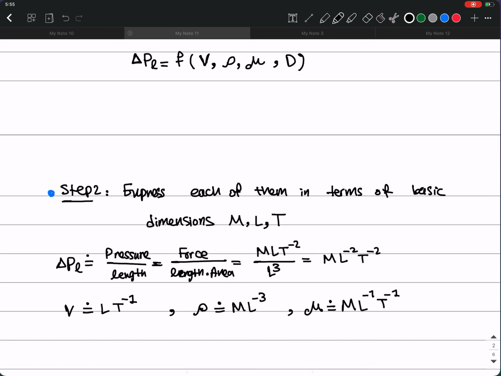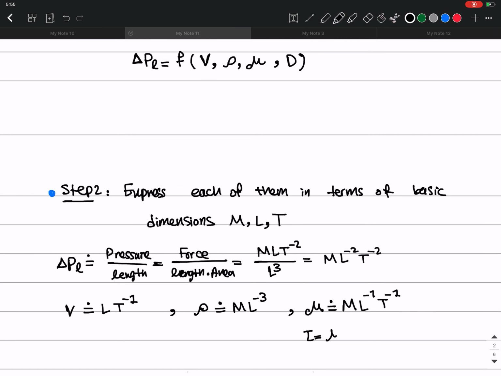And this is coming from tau equals mu du over dy, right? So if you look at this, this is force, this is stress, and based on this formula, you can derive the basic dimension of viscosity.